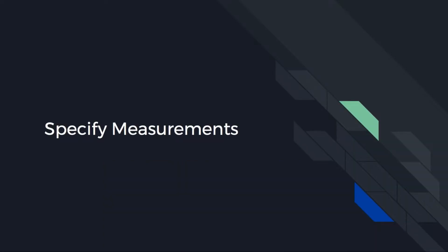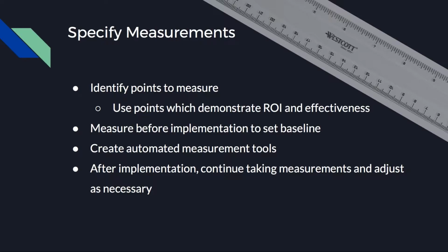One thing to ensure that you're actually providing value is by specifying measurements. These measurements provide a ruler or a yardstick for knowing if the service that you are trying to render is providing value and is effective at doing so. So you want to make sure that you create measurement criteria before you implement any service or product.